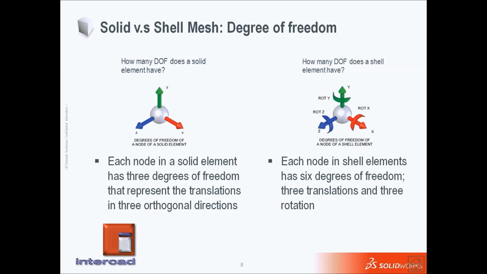A very important note is about the degrees of freedom when we have solid elements or shell elements. As you can see in the picture, the degrees of freedom for solid elements are simply 3 translational displacements, X, Y, Z, while in shell elements we have 6 degrees of freedom, 3 translational and 3 rotational.